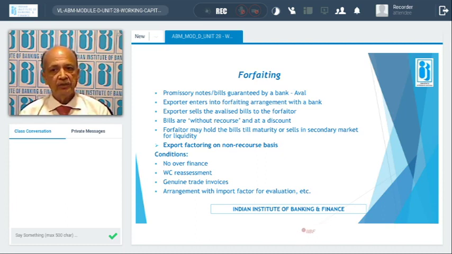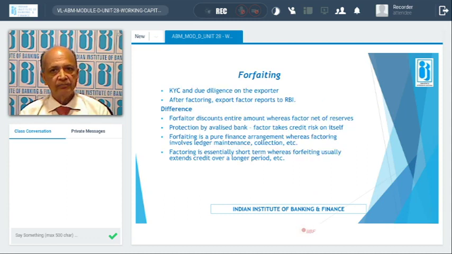Then arrangement with the import factor for evaluation of the factor, etc. These are the things to be taken care of at the time of carrying out this forfeiting business.